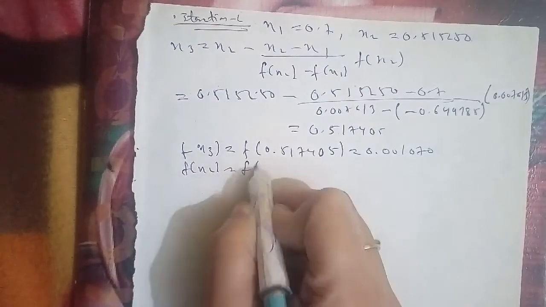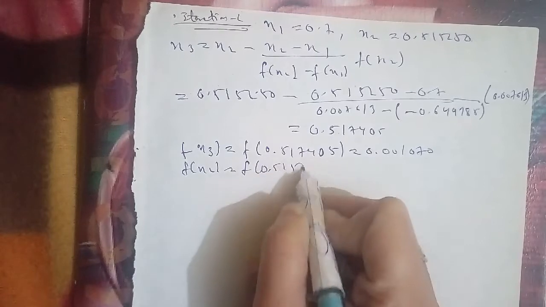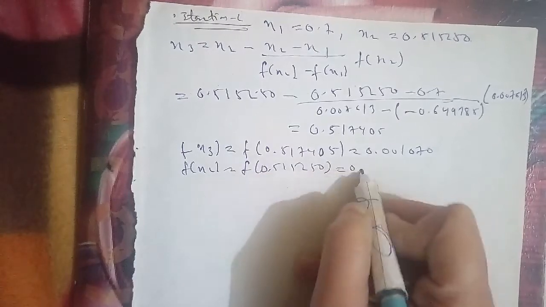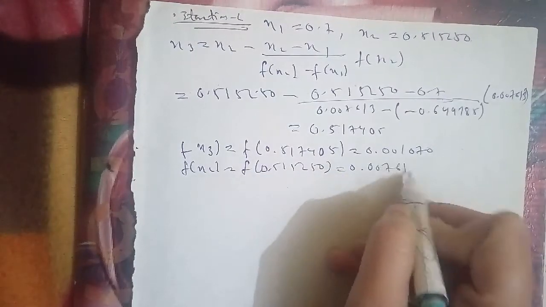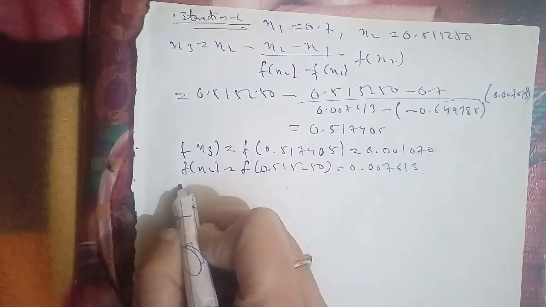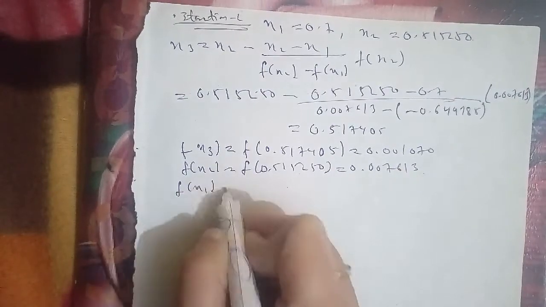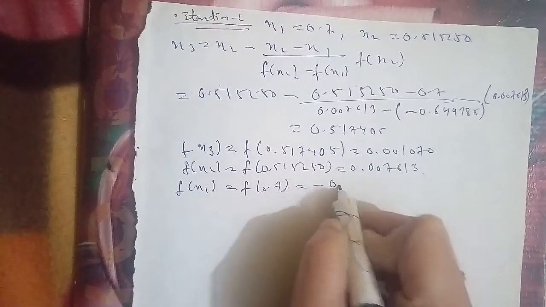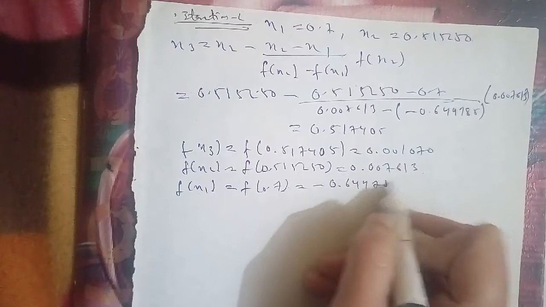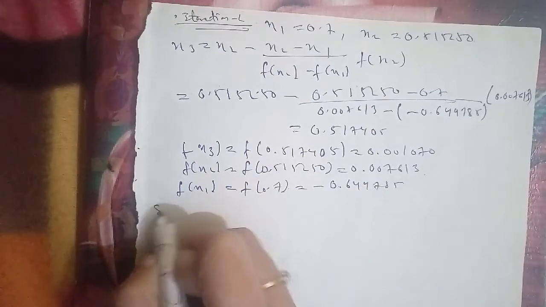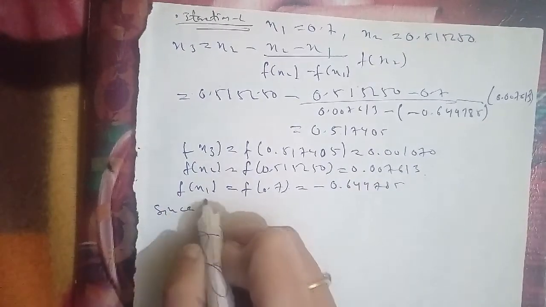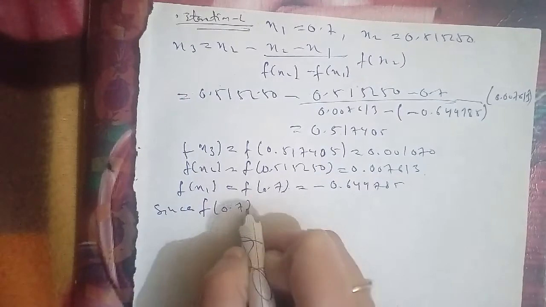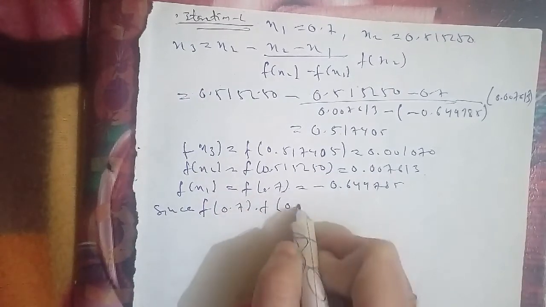Since f(0.7) times f(0.517405) is less than 0, the root lies between 0.7 and 0.517405. Go ahead for iteration 3, which is of course important.